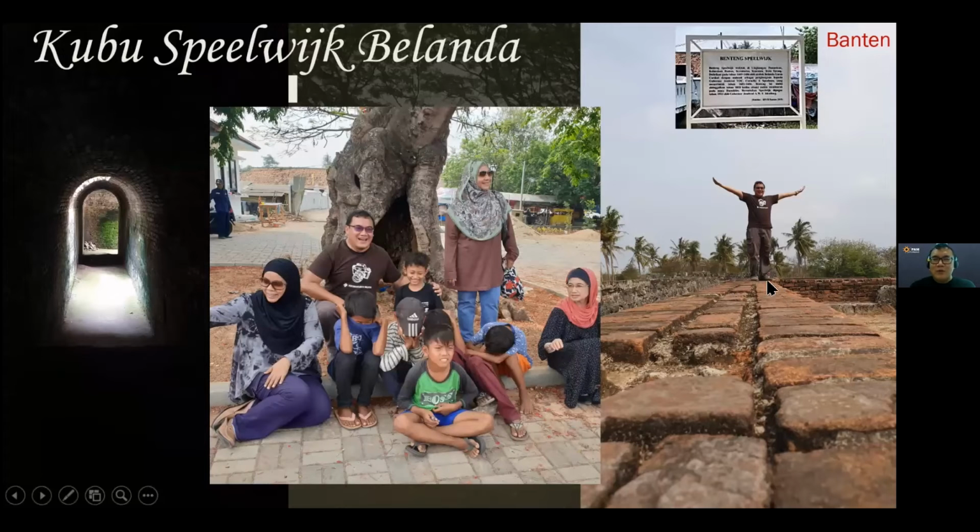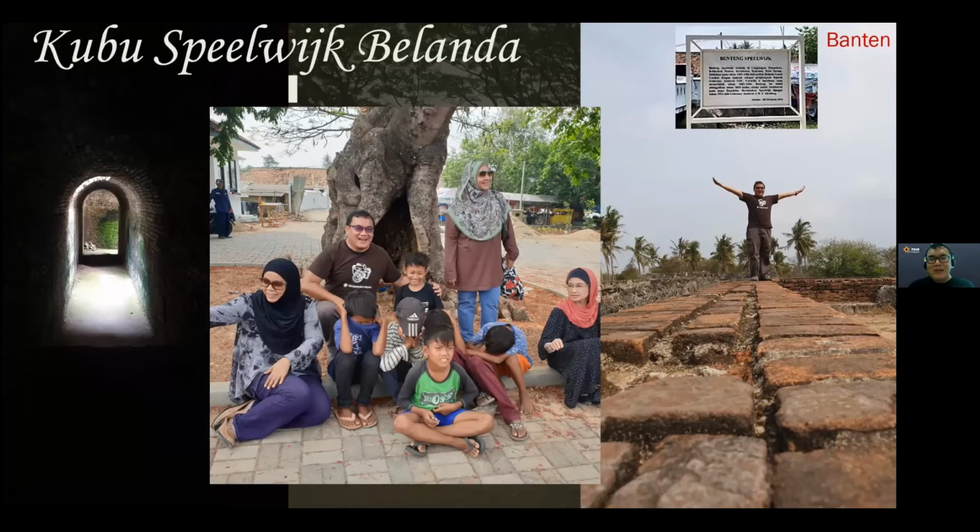You can see the brickwork here as built by the Dutch. And it's interesting for us heritage lovers. You show us a brick, we can tell this is late Dutch or early Dutch, this is British or this is Portuguese. All their bricks, and even Malay bricks as well, Chinese bricks, they all have different characteristics, different configurations, different colors.